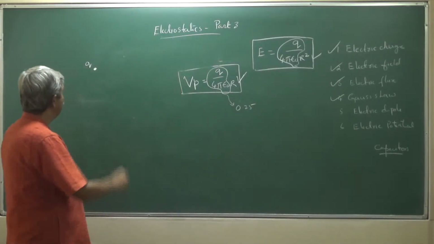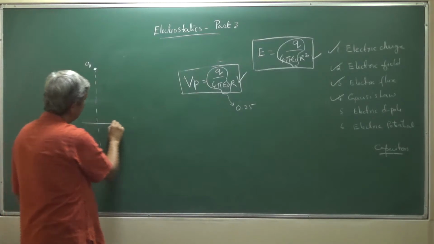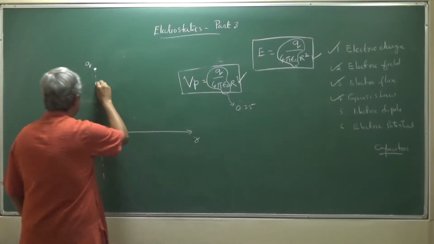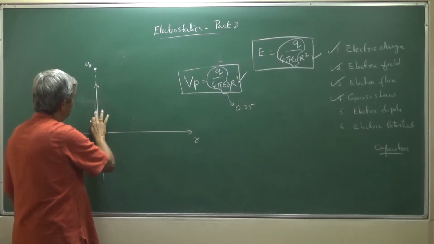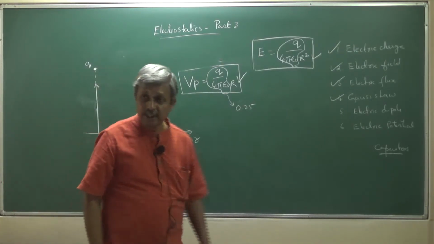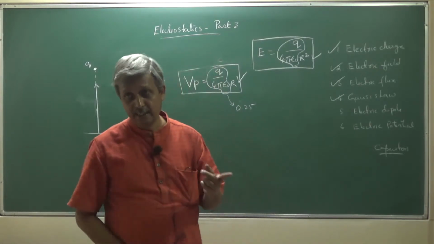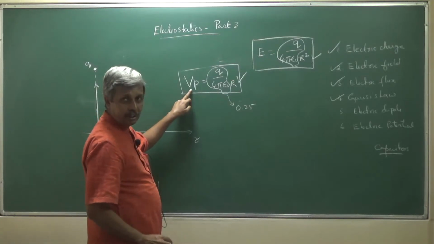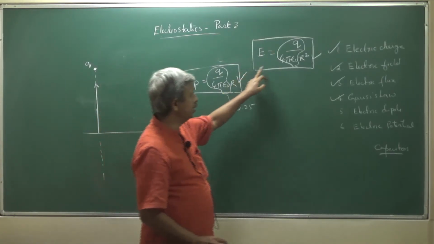Okay. So if you take this point here, I am going to take one graph here, r, and I am going to plot E also and V also at some point. So let's say I want to plot V at a distance of 1 meter and E at a distance of 1 meter.